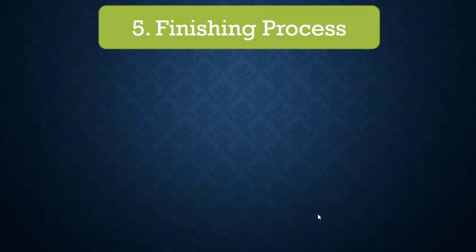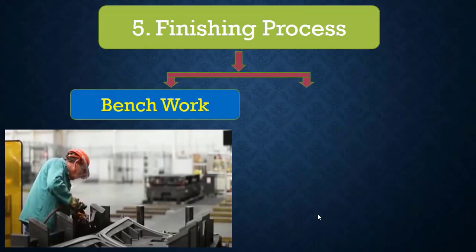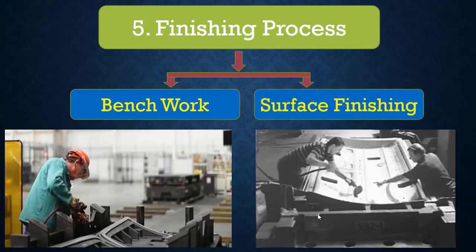Number 5, finishing process. Finishing process I divided into 2. Number 1, bench work. Number 2, surface finishing. The bench work activities like tapping, mating part preparation, stoning, removing the milling mark, steel squaring, polishing the die, and keeping the die ready for the next stage.